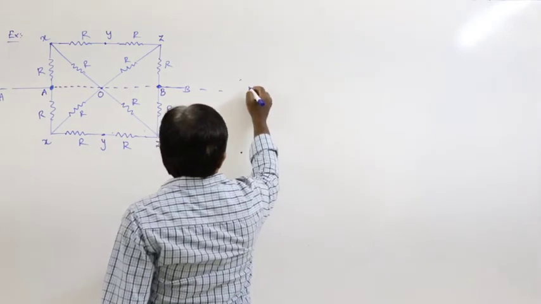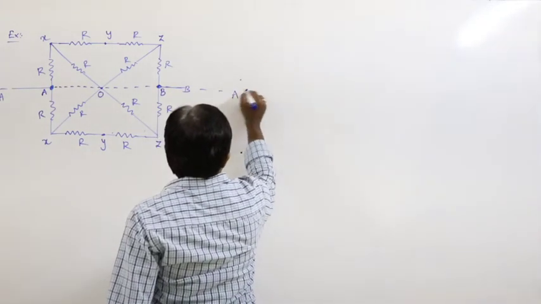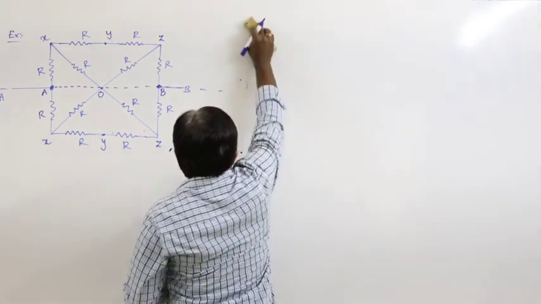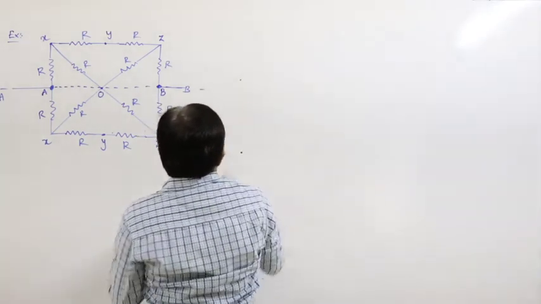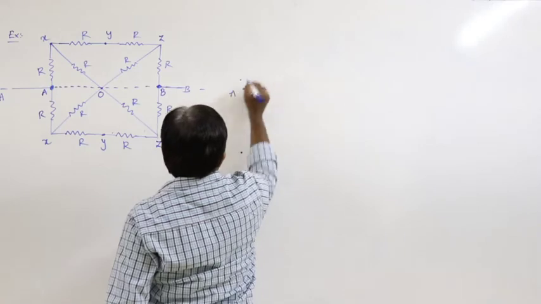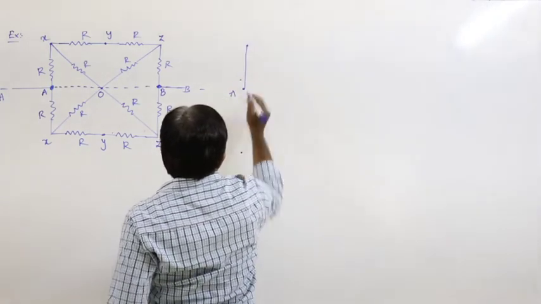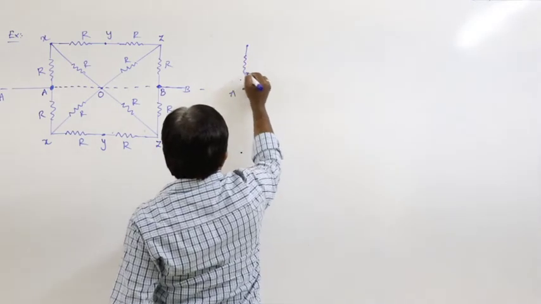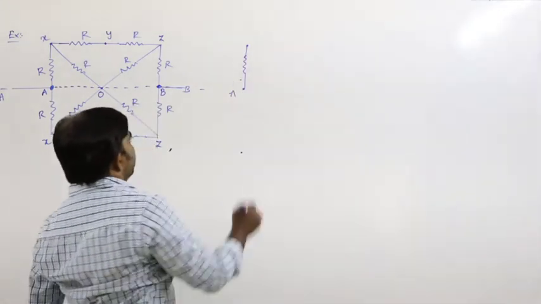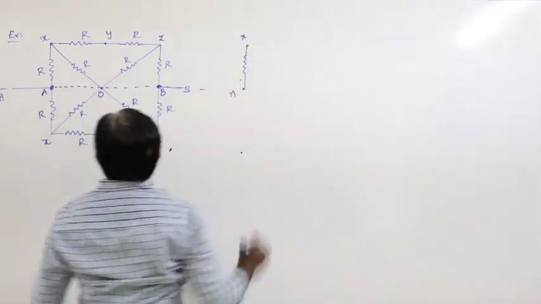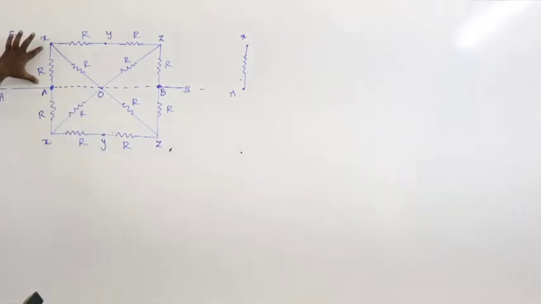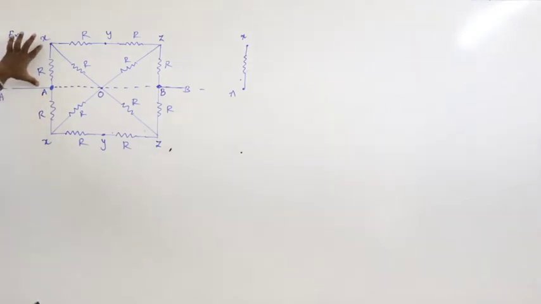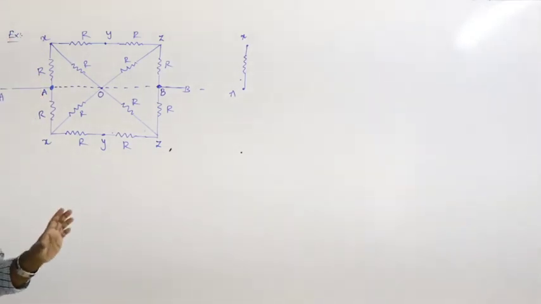See here, come to the position A, and it is X. So this diagram must be minimized. So this is A and this is X. Here the resistance is, between A and X it is R, and here also between A and X it is R. So A and X are the same potential points.